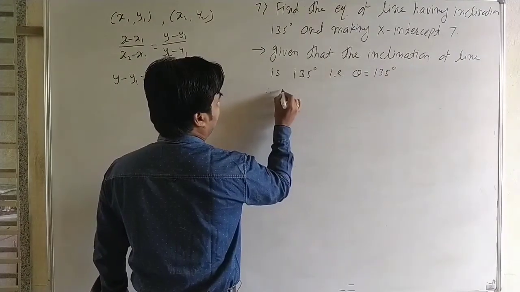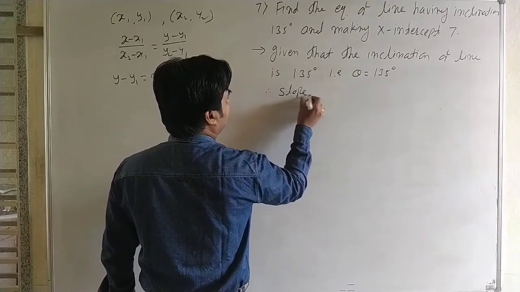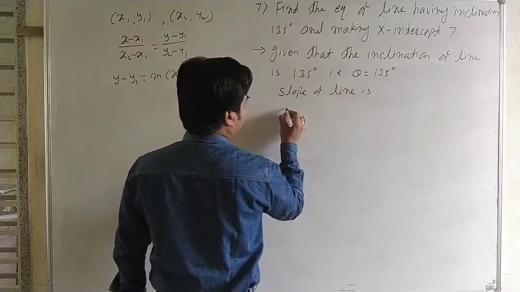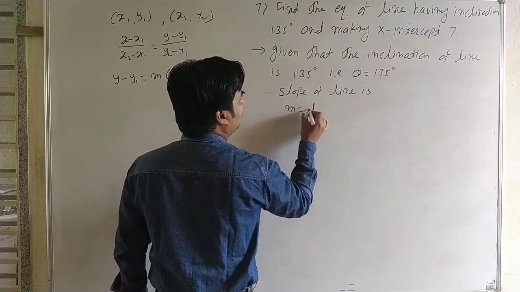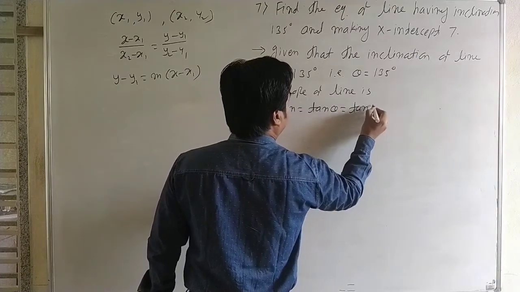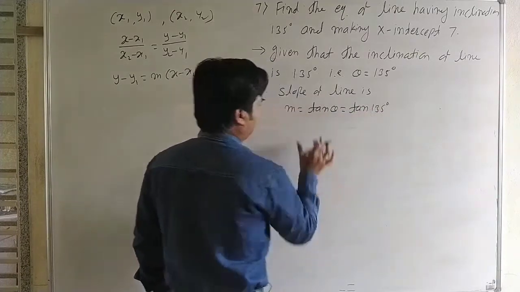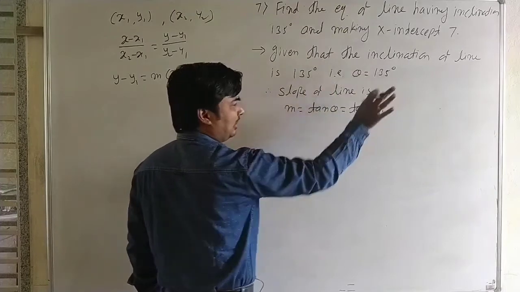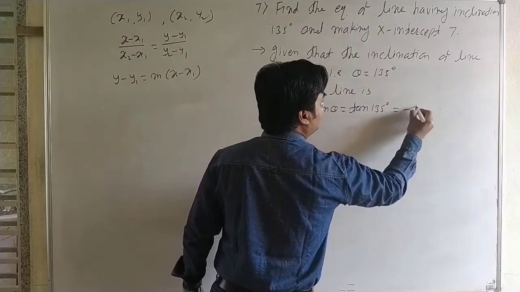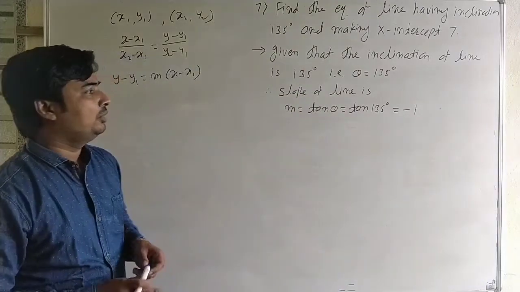Therefore slope of line is m is equal to tan theta, that is m is equal to tan 135 degree. Directly, and then we know that tan 135 is equal to minus 1, the value of tan 135.